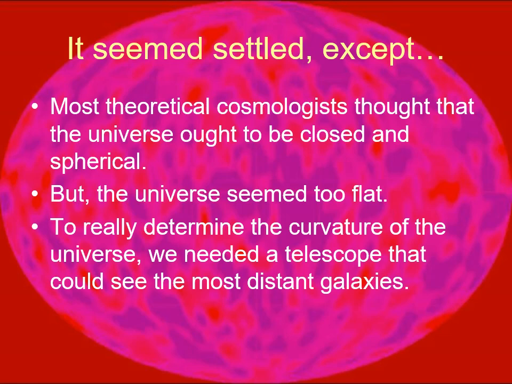And that's why they called that telescope the Hubble Space Telescope. It was going to determine the curvature of the universe and whether the universe was open or closed. The problem was it found something totally unexpected, and that's our next lecture.